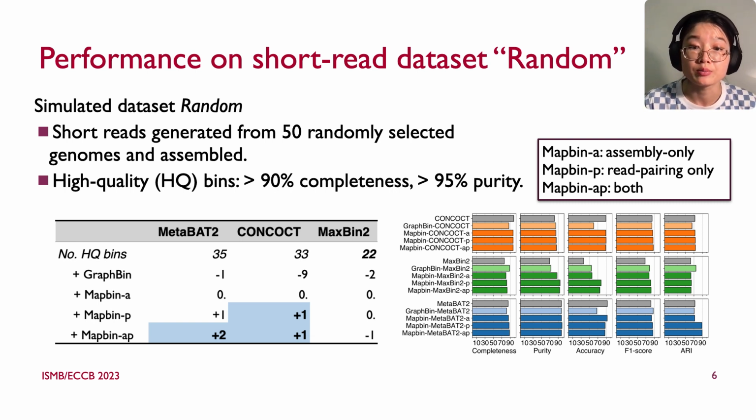So if your original binning result contains many impure bins like Maxbin here, Mapbin is effective in reducing the contamination. And if your original binning is already quite decent, like Metabet and Concoct here, Mapbin can increase the completeness and the other metrics.